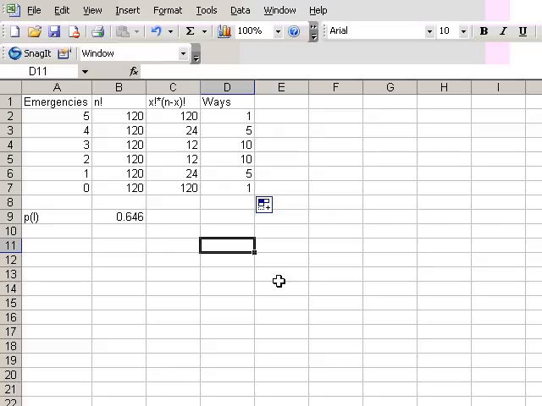Now, in order to get the probabilities, we will use the formula on page 154, 5.6, and this will be the probability of seeing any one of these combinations of emergencies in only one way. So this is the probability I star, that is one way.